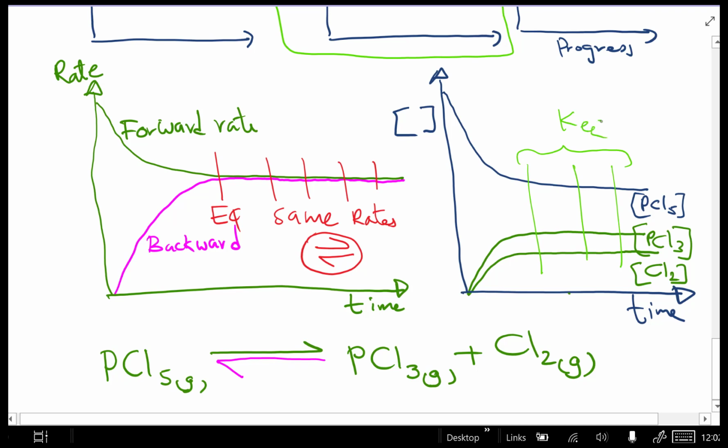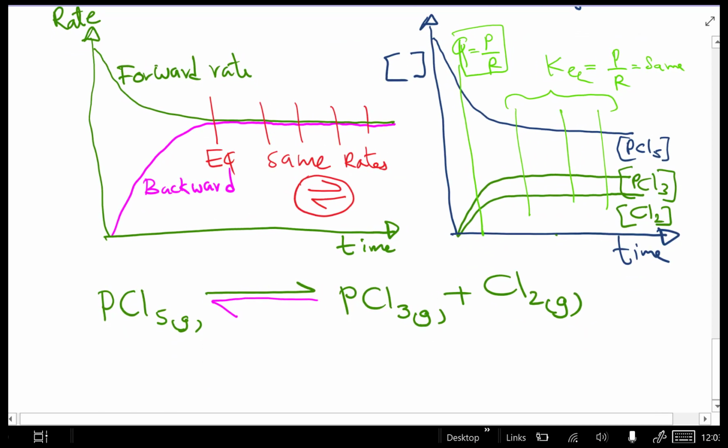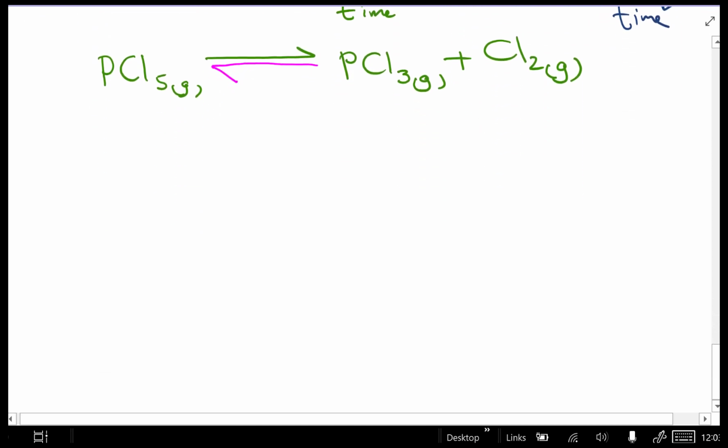They have the same ratio. That's why we call K equilibrium product over reactants, and that ratio is the same. If it is not K equilibrium, we call it Q. That comes later. So that's about PCl5 going back and forth to PCl3 and Cl2. Two different graphs, really important to understand and explain.